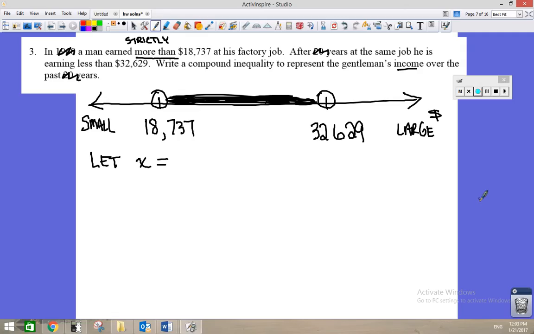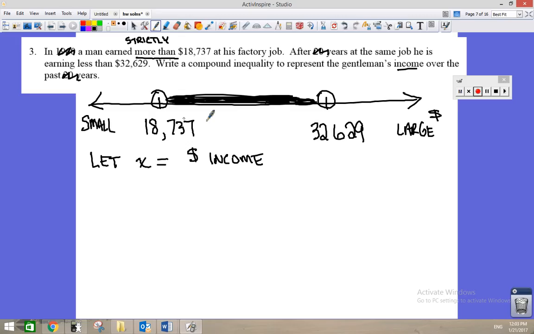I use T for temperature in one of the problems, and sometimes it's nice to use a letter like that to give yourself a meaning as you're working through the problem, to remind yourself what the unknown variable represents. But here I'm just going to use x. So x is representing this guy's income in dollars, his annual income.